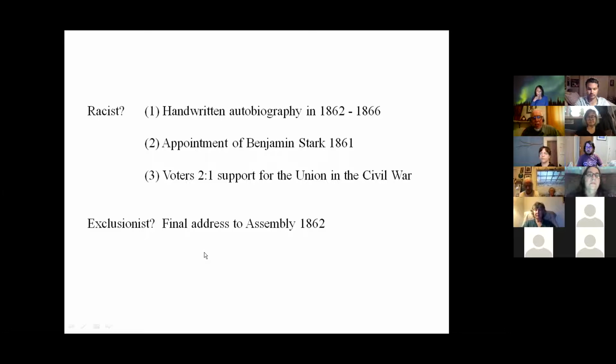And going back to the racism, I sent out the handwritten autobiography. Ian sent out for me a one-page set of extracts from the autobiography that indicate where he stood on white supremacy and racism.